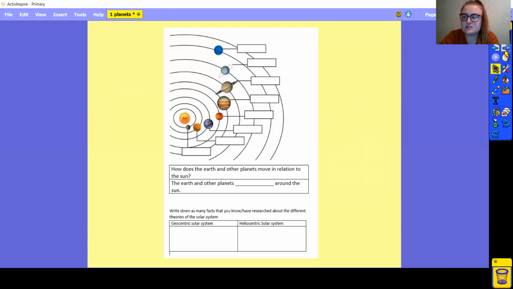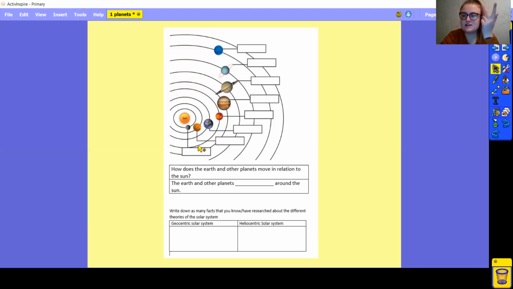Okay then, so your worksheet. Your worksheet is going to be put on as an assignment on Teams. So you need to make sure that after you've watched this lesson, you go into Teams and onto your assignment. Your first activity looks a little bit like this. What you need to do for each of these planets is name them. If you can remember my method to help you remember them, if you're struggling a little bit.